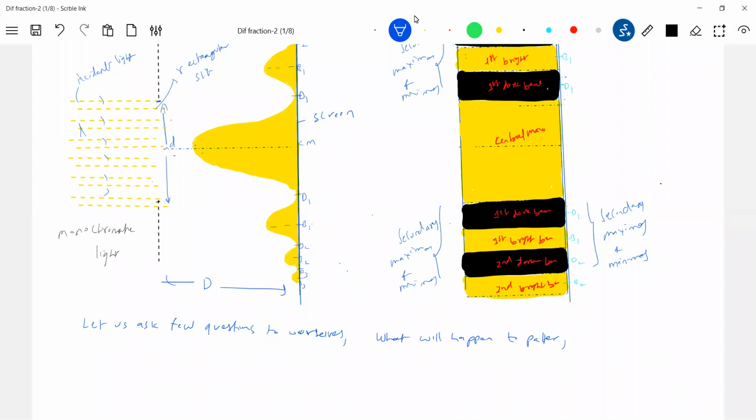What will happen to the pattern if D varies, if the small d, the width of the slit, varies, and if lambda varies?